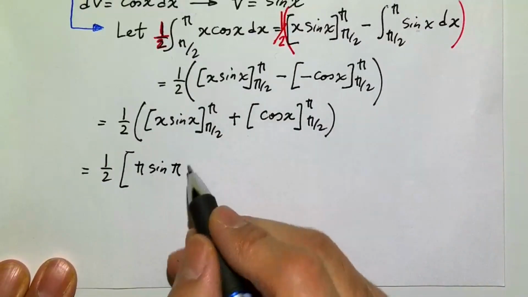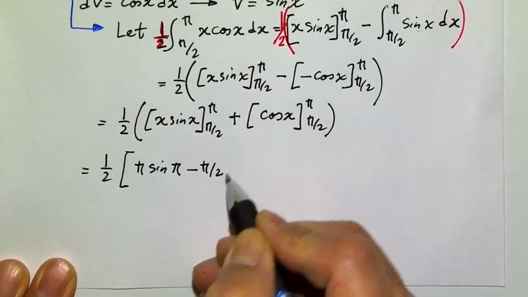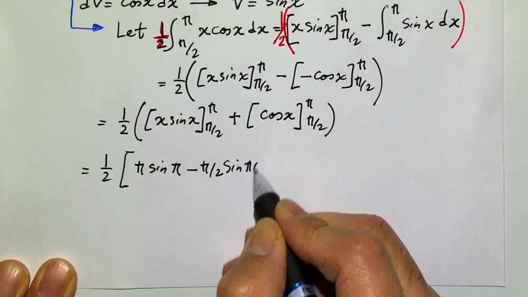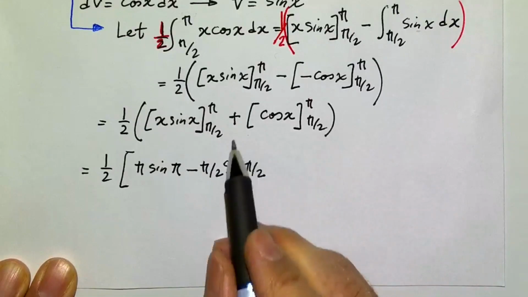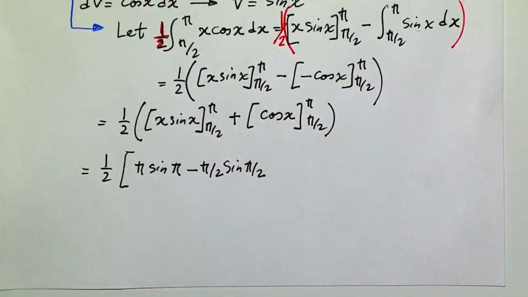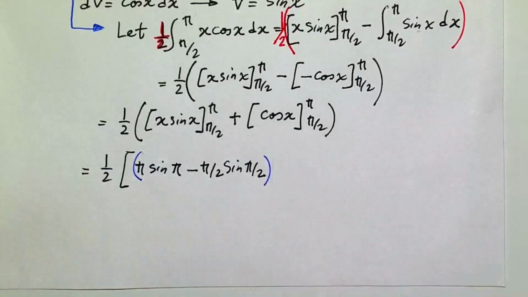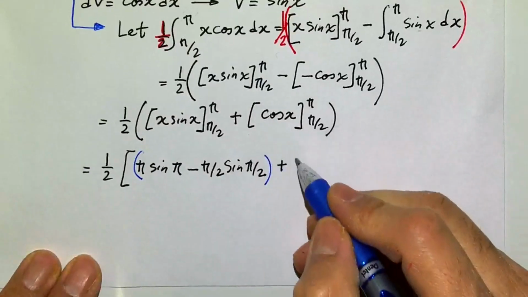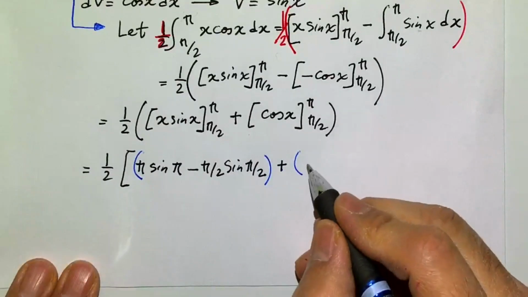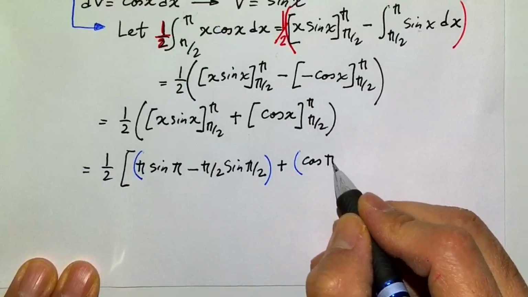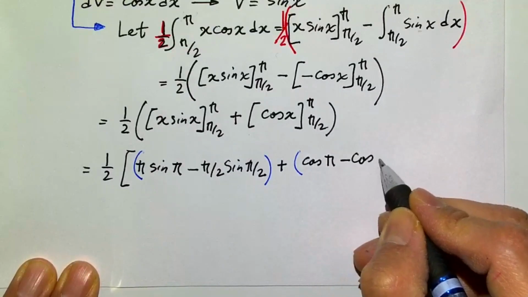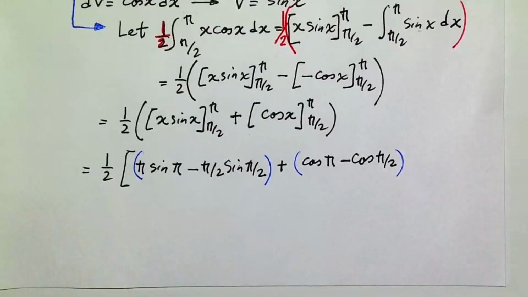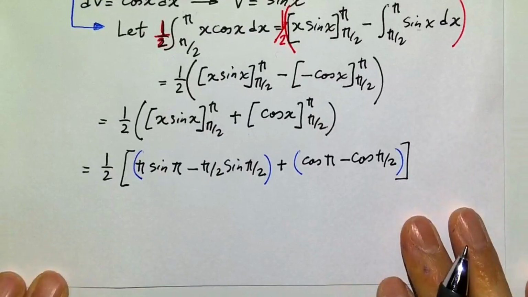Pi sine pi minus pi over 2, just plugging in the pi over 2, sine pi over 2, right? Then we have, so that's that, and then we have, of course, plus this piece. So we have cosine of pi minus cosine of pi over 2. And we can do that.